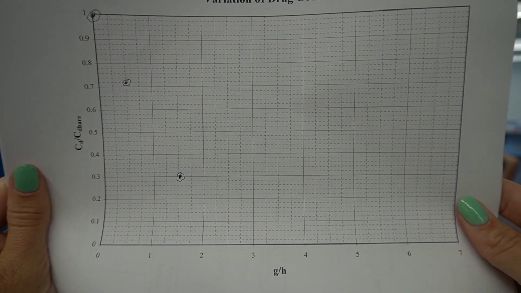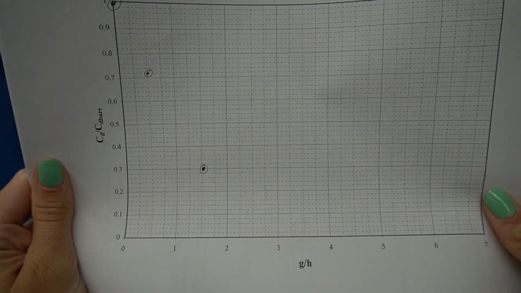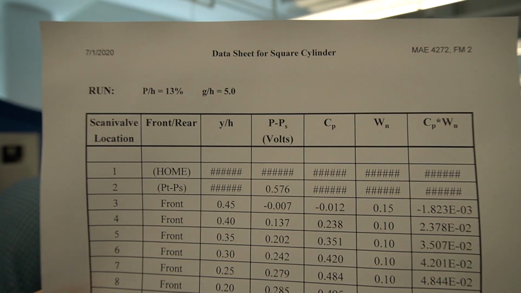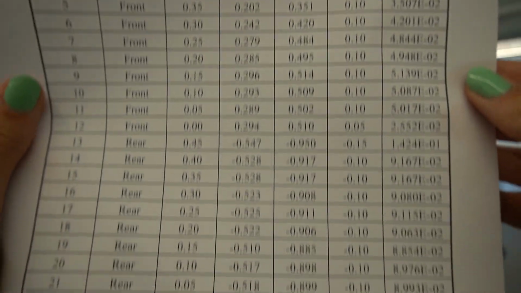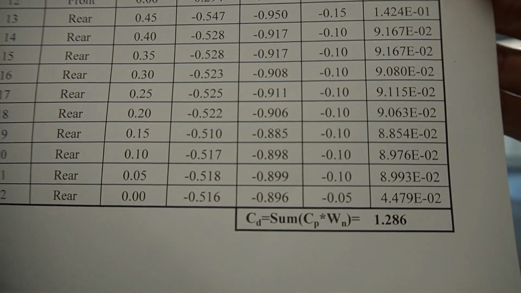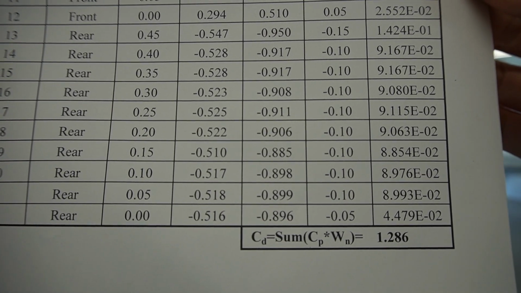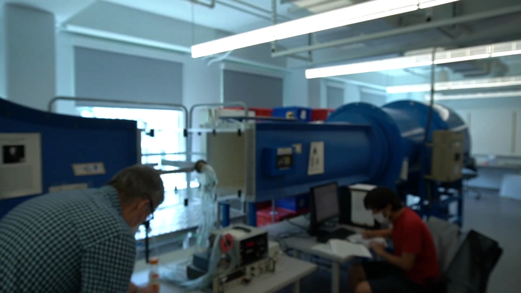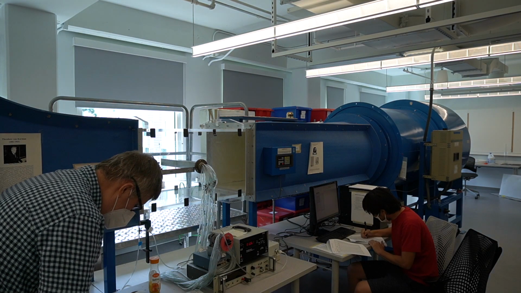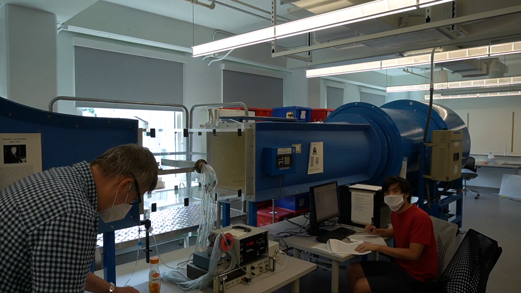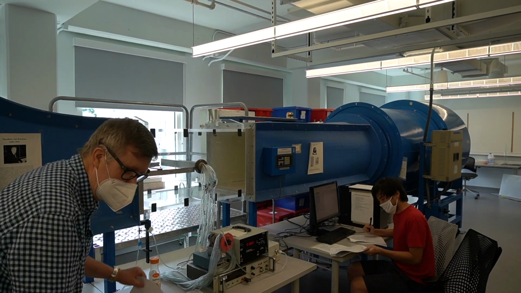And we will see what happens as we keep moving the plate later. So for our 13% plate at G over H of 5.0, CD is equal to 1.286, and CD over CD bare is equal to, J? 0.55. 0.55. Excellent, guys. Good teamwork.